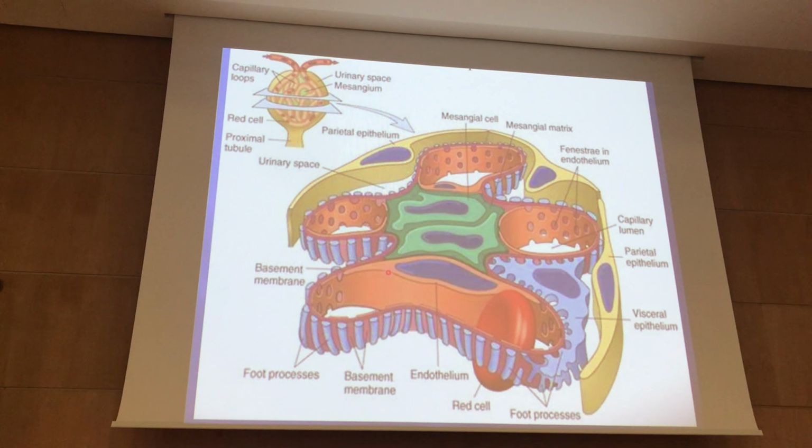It's just on the outside. It's only on the outer side. Clear? Yes. It's a very important point. Remember, I'm saying it again. The blood vessel of kidney has a specific feature that the basement membrane is only covering the outer portion of the blood vessel. It is not covering the inside. The inside is supported by mesangial cell.